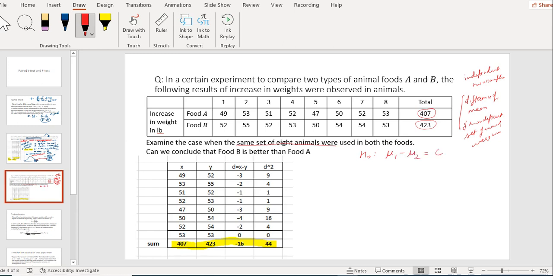That there is no significant difference in the increase in weight. And what would be the alternative? That food B is better than food A. So it means that the average increase in weight with food B is greater than the average increase in weight with food A. So it is a left tail alternative.